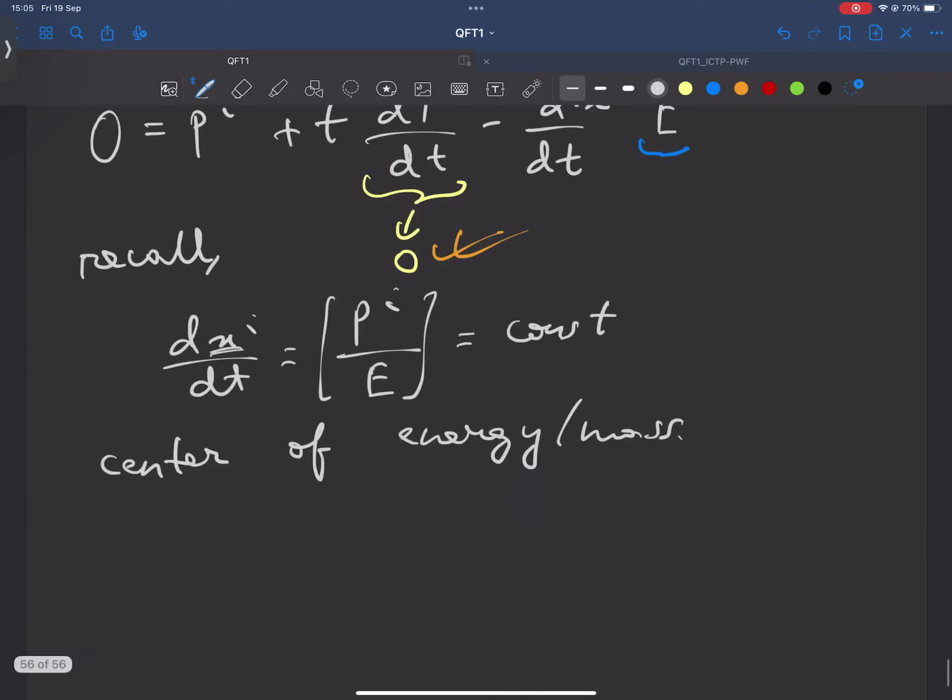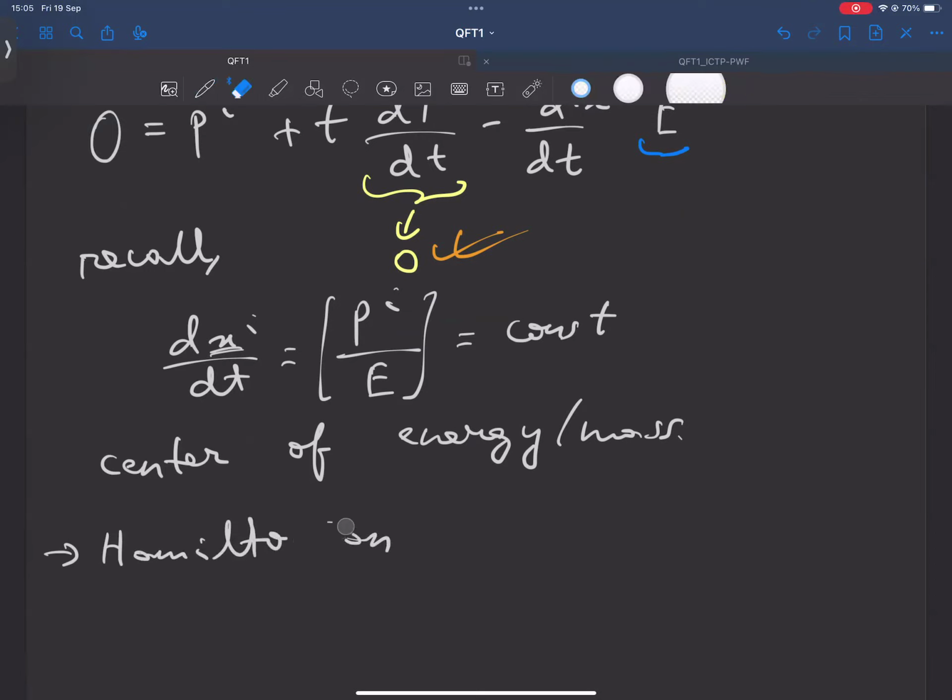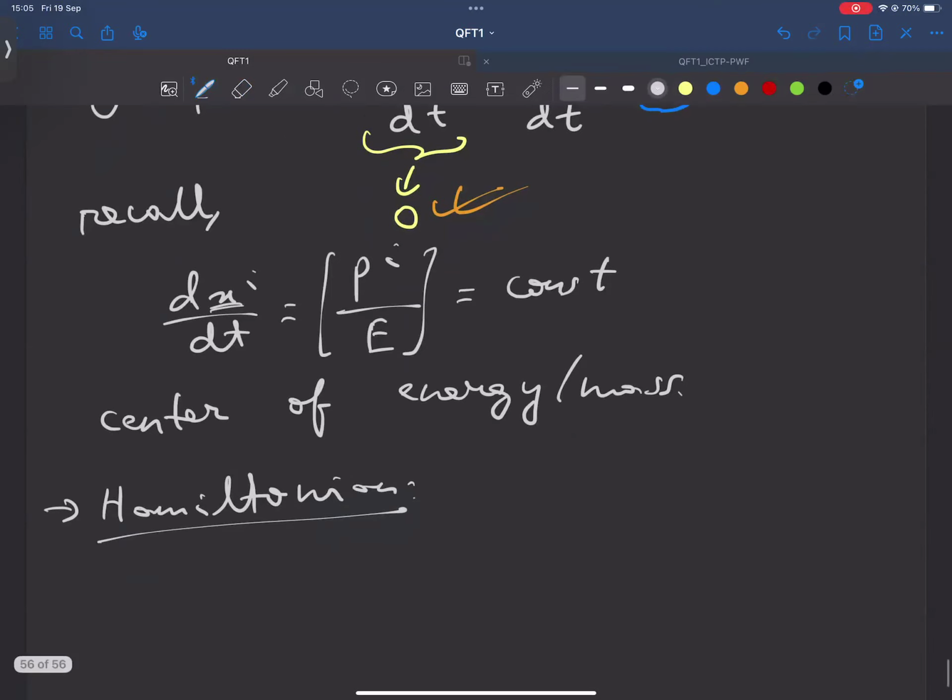Now, since we wrote down the Lagrangian, let's quickly discuss the Hamiltonian, and then we will move on to quantization, which is the important part of today's lecture. Note that for the real scalar field, we got the Lagrangian to be this.